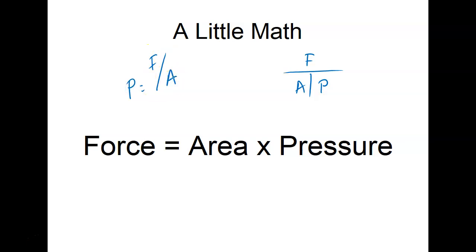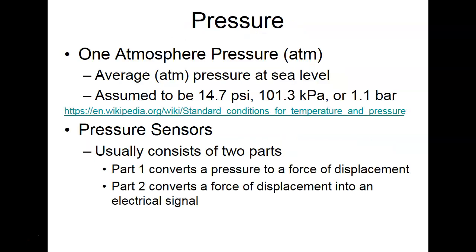So we can find the pressure that caused that force. All we need to do is measure the force and the amount of area it's displacing, and we can calculate the pressure from that. Are we okay? So, some terms.